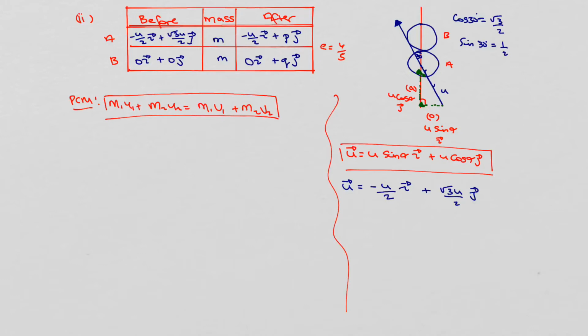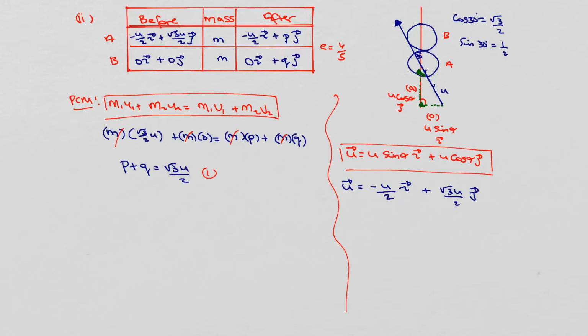And if I'm subbing in my values, then that's going to be m times root 3 over 2 u plus m times 0 is equal to m times p plus m times q. And again, our m is gone all the way across, and that simplifies down to give us p plus q is equal to root 3u over 2. So that's our first equation.